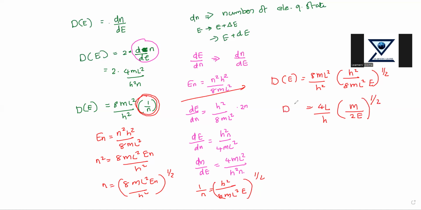This is the final expression for the density of states at the Fermi level or Fermi energy using Sommerfeld theory.